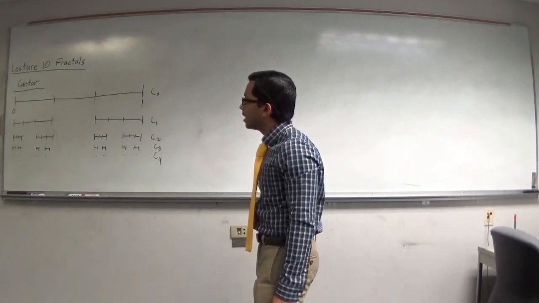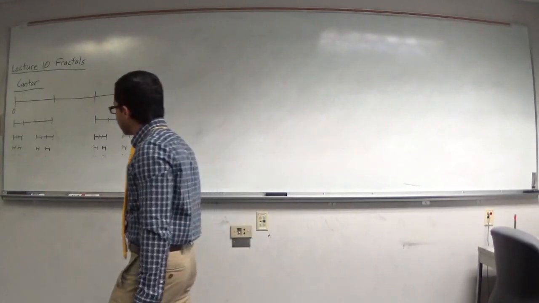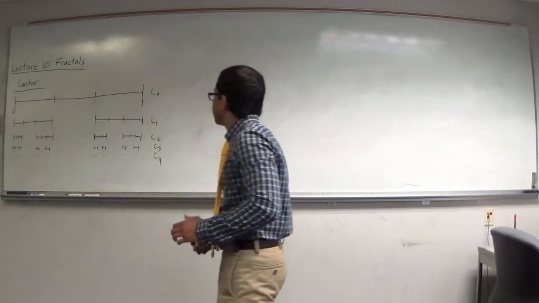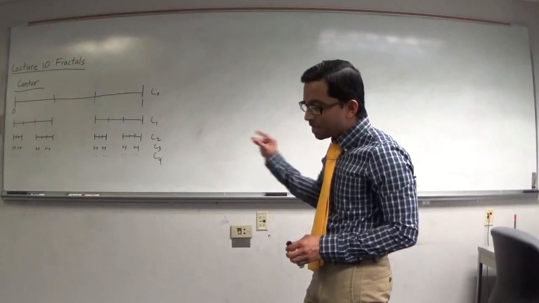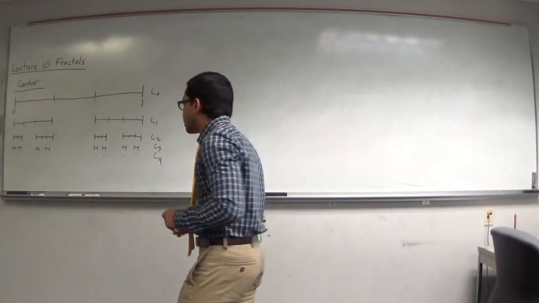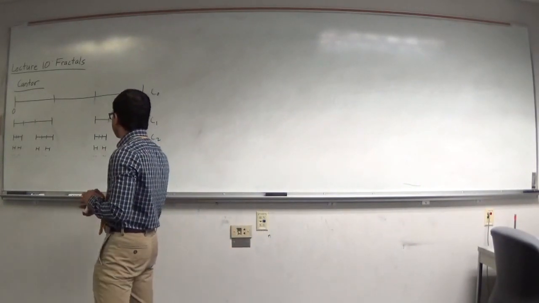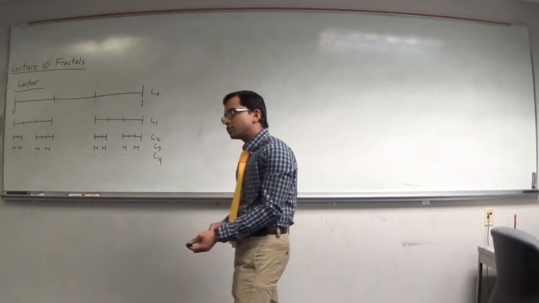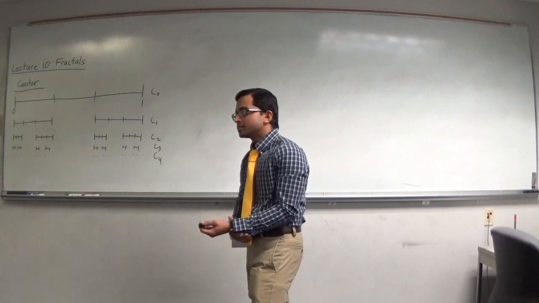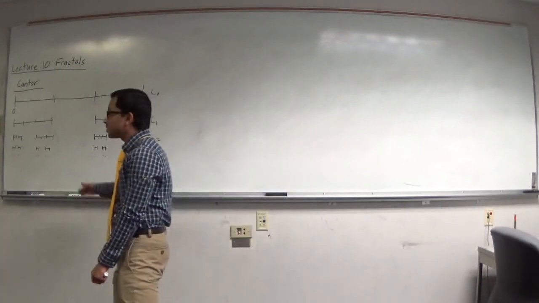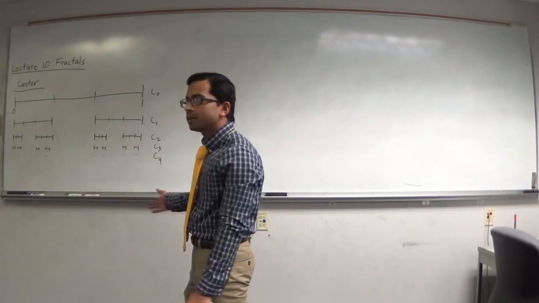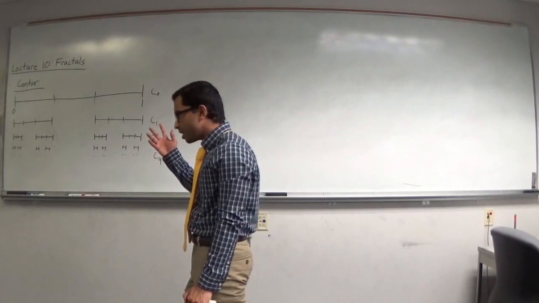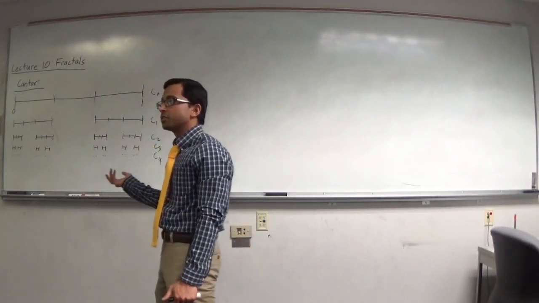I forget who came up with it, Mandelbrot, yeah. So Mandelbrot proposed that perhaps these objects have fractional dimension. It's not that they're zero-dimensional, because they have some complex structure that zero-dimensional objects just don't have.